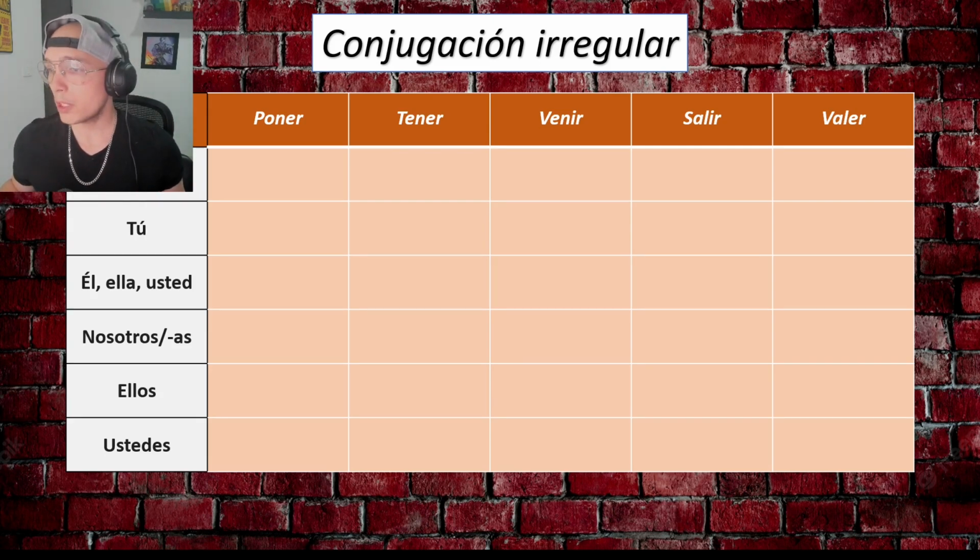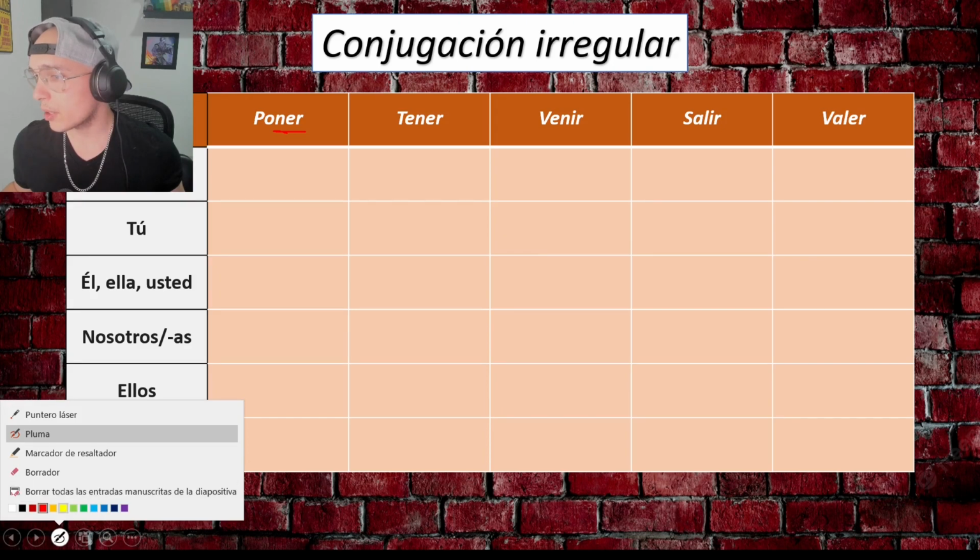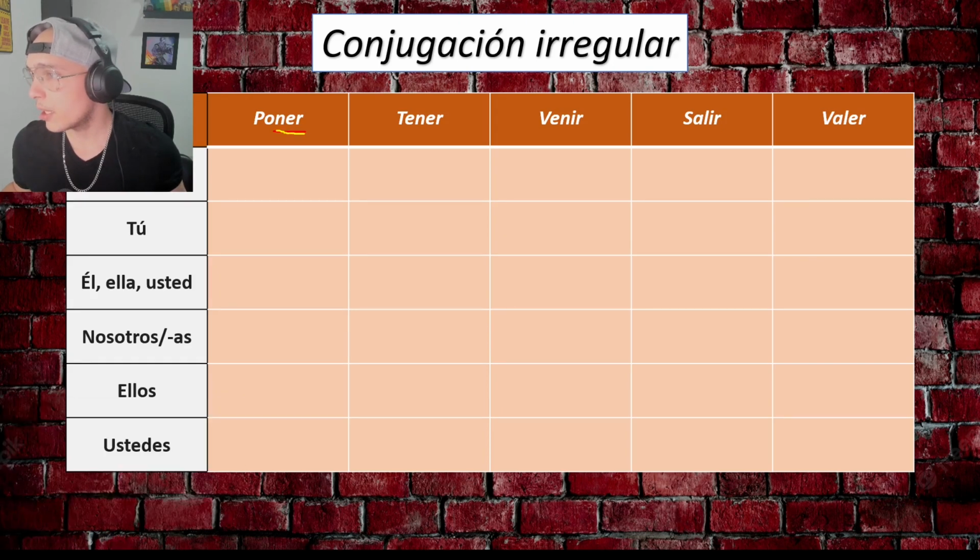Now, what we need to look at in here, guys, is that these verbs have special endings. For example, the verb poner. Poner means to put, but it ends in N-E-R. Let me get another color to make it more obvious. It ends in N-E-R.